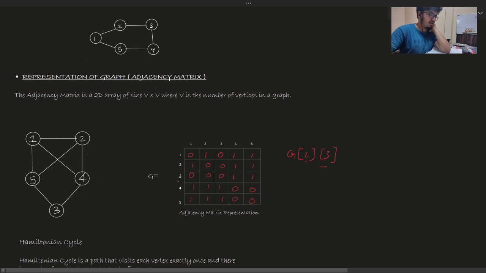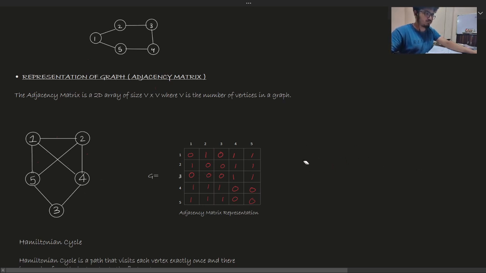So is there an edge between 2 and 3? No. It works like that, and we can see from the graph there is no edge. So the matrix and the graph are both similar. This is a representation.